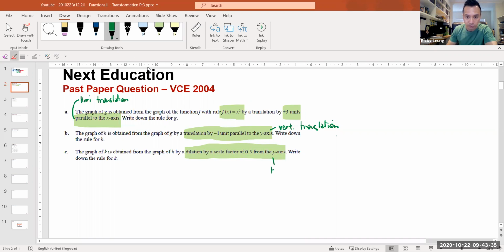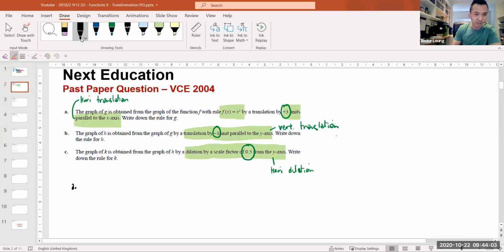So horizontal dilation of 0.5. Sorry. I'll highlight the amount of my transformation as well. Dilation. So that's the hardest bit, I guess, translating the English into maths.